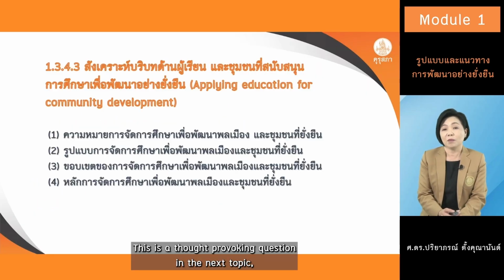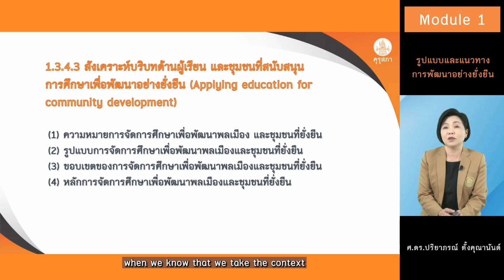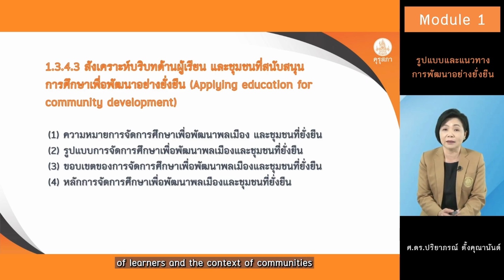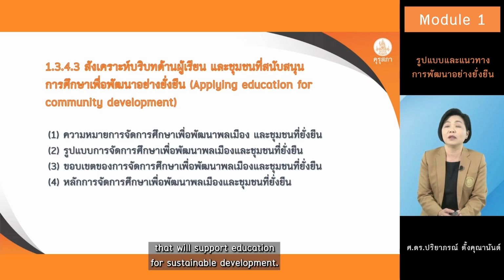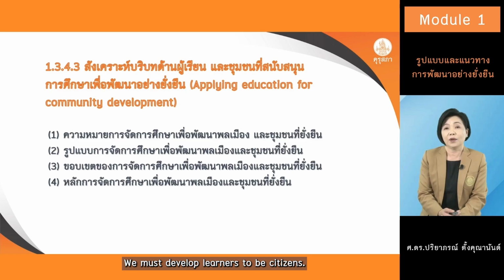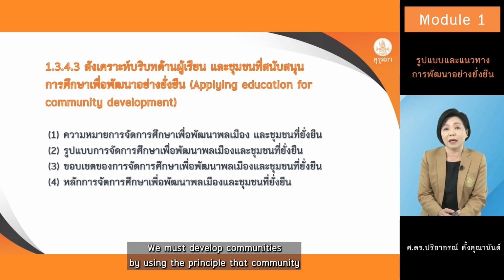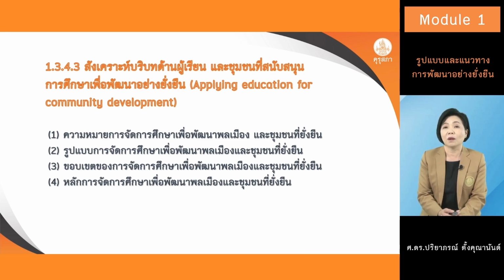In the next topic, when we know that we take the context of learners and the context of communities that will support education for sustainable development, we must develop learners to be citizens. We must develop communities by using the principle that the community is the hero of the community that helps itself.